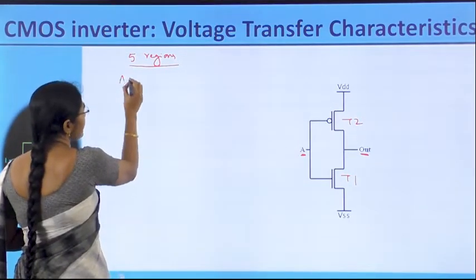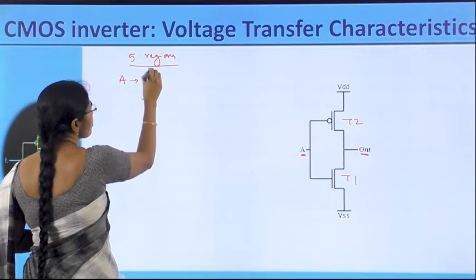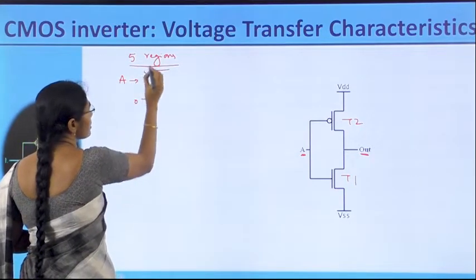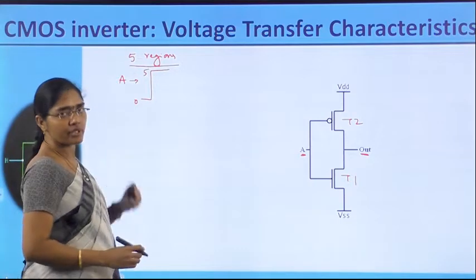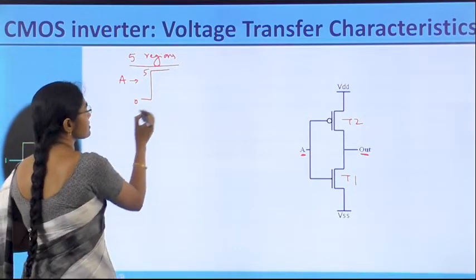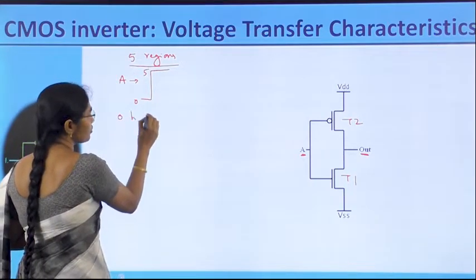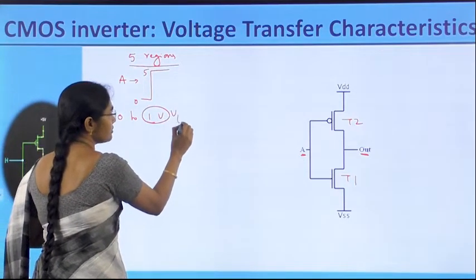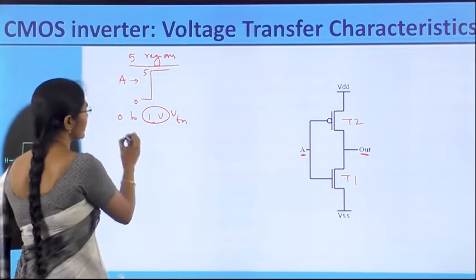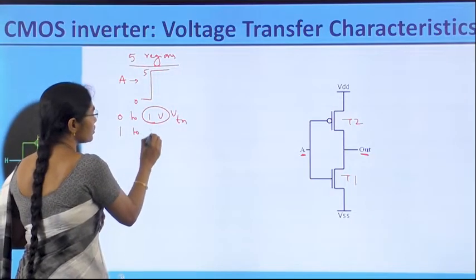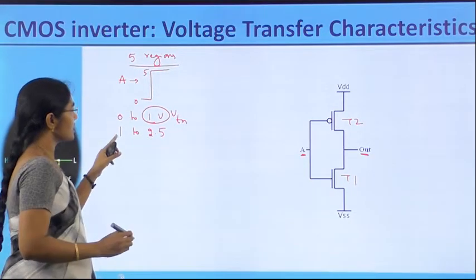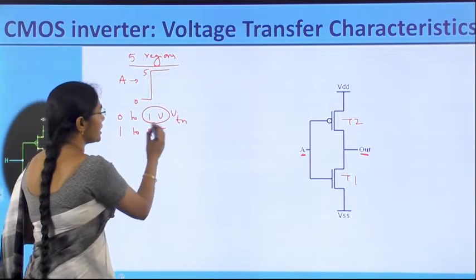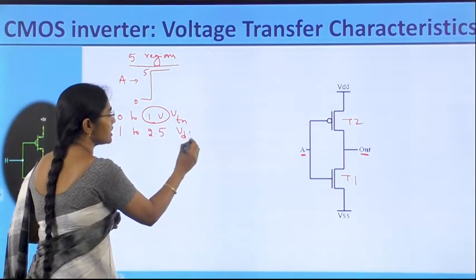Input A is changing like this, 0 to 5 volts. While changing from 0 to 5 volts, we can take this as 0 to 1 volt, assuming 1 volt as VTN. Then 1 volt to 2.5, where 1 is VTN and 2.5 is VDD by 2.